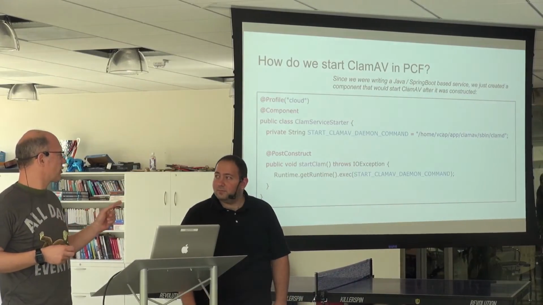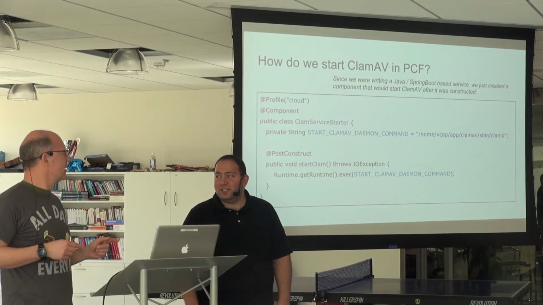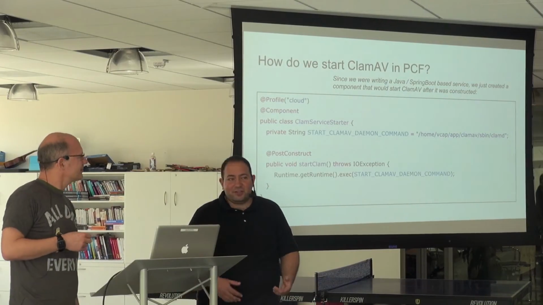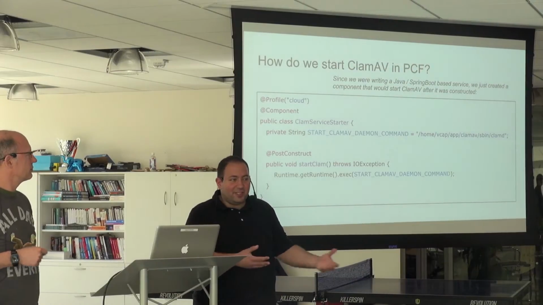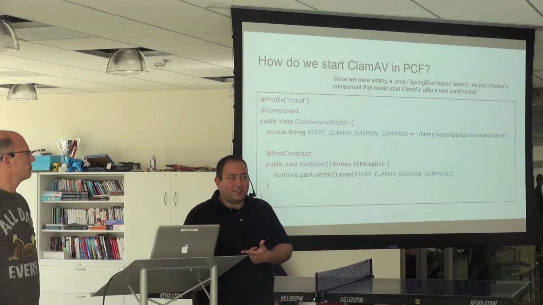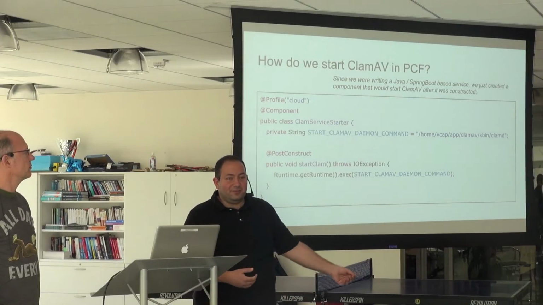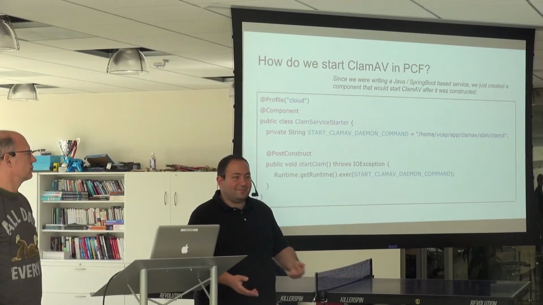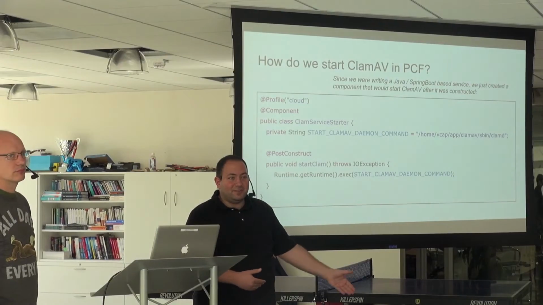In actual fact, it's a little more complicated than this. We have to start up two things. Right, because Clam, well, maybe you tell them. Well, Clam is just a scanner, and it relies on a virus database. If you just try to start it the way it is written right now, your container won't start because it takes 5 to 10 minutes to download these virus definitions.